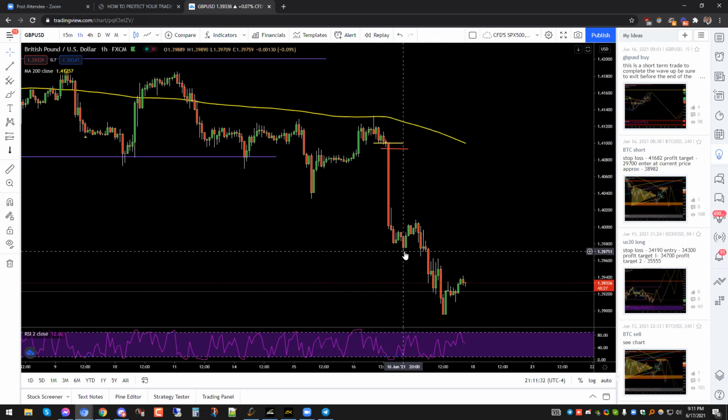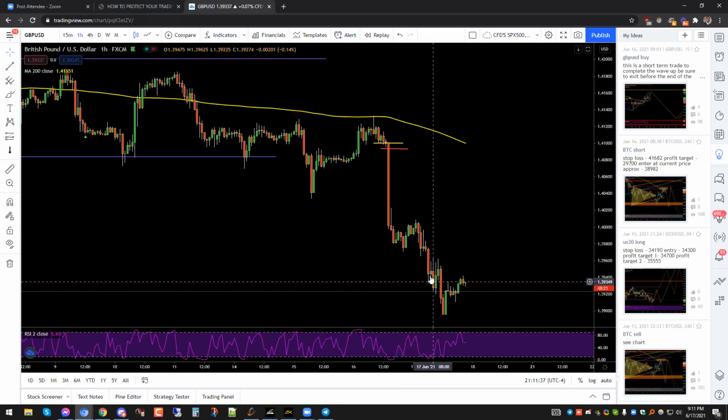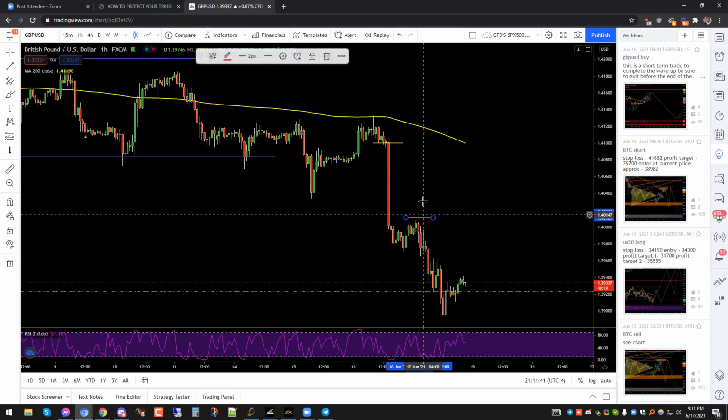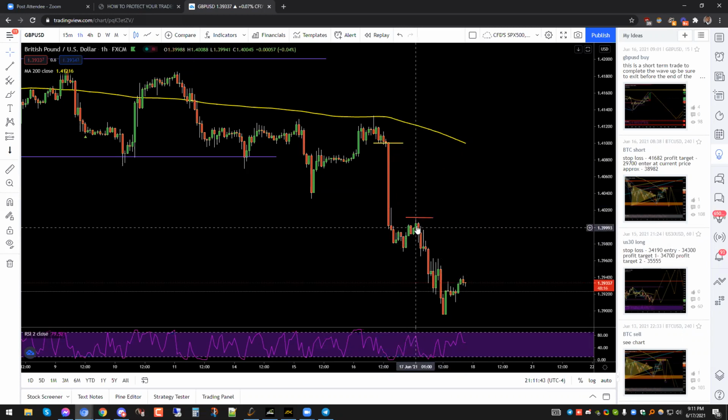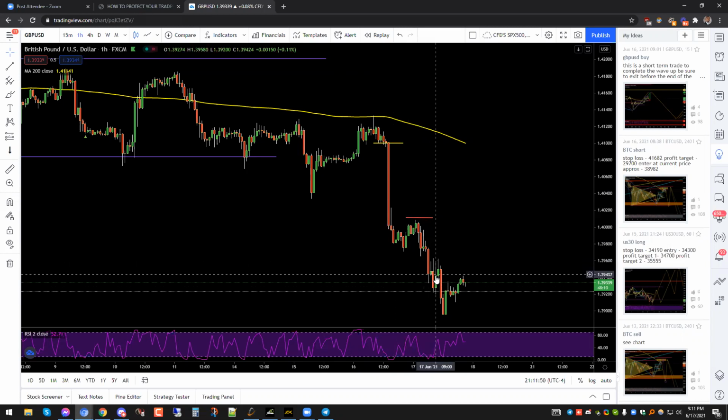Now, if you get this correction and the price continues moving down, breaks the low, continues moving down, all you do is you bring your stop down. You bring your stop just above this correction because you're selling, okay? So you bring your stop just above this correction and the price continues to move down.